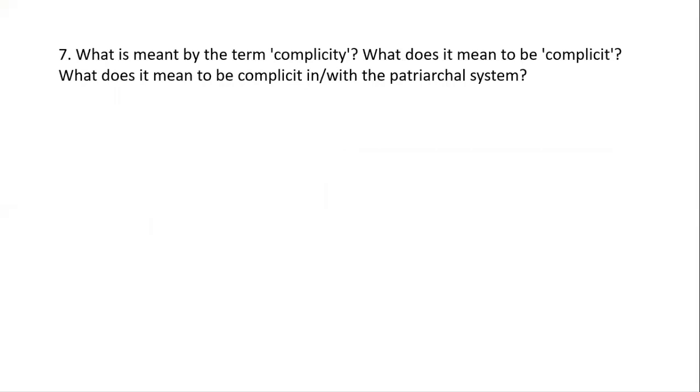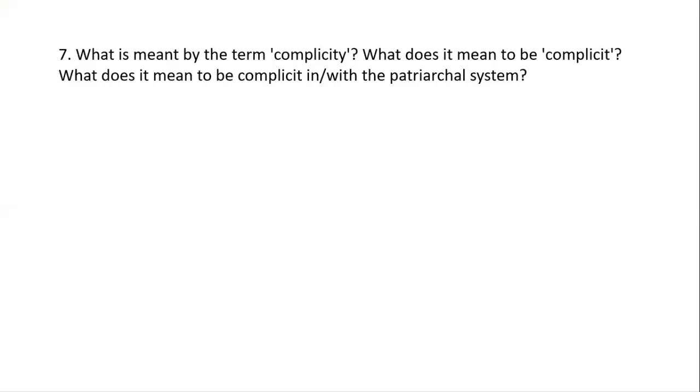And then question number 7 asks you, what is meant by the term complicity? So what does it mean to be complicit in something? And what does it mean to be complicit in or with the patriarchal system? Now, you must remember that the patriarchal system is a social system that is dominated by men or males.